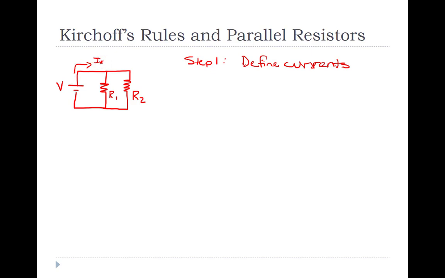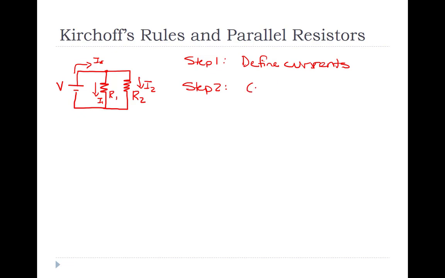I wrote a 1 here, but I just want to call this a generic I. At the junction, it's going to split, and I'm going to let I1 go through R1 and I2 go through R2. Okay, so I've got my currents defined.